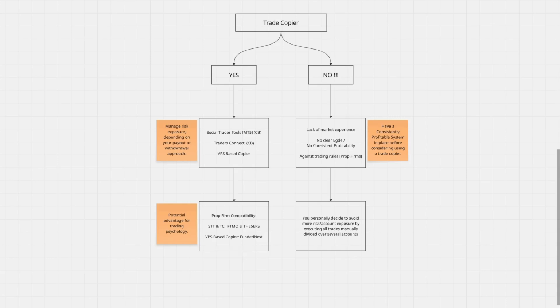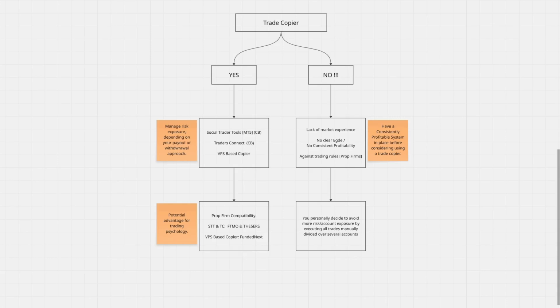Let's say you deposit $10,000 or euros into a personal account. You execute your trades from that personal account to, for example, an FTMO 200,000 funded account, which also copies to a 100,000 the Fivers funded account, and another FTMO $100,000 account.